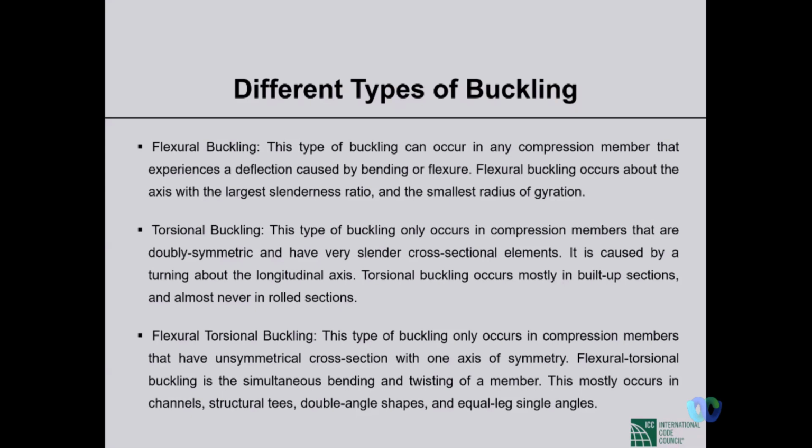So flexural buckling is the usual type of buckling that we define as buckling, and torsional buckling is due to the torsion that causes buckling. We'll see that. And with flexural torsional, the member doesn't only bend, at the same time it twists. That is flexural torsional buckling.